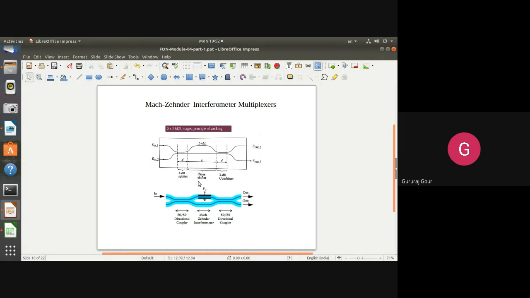The initial portion is acting like a 3 dB splitter. Later this section, another section, is acting like a combiner. So in either case, we are using a directional coupler as a splitter or a combiner. This much you can tell as far as the constructional point of view of these two figures.